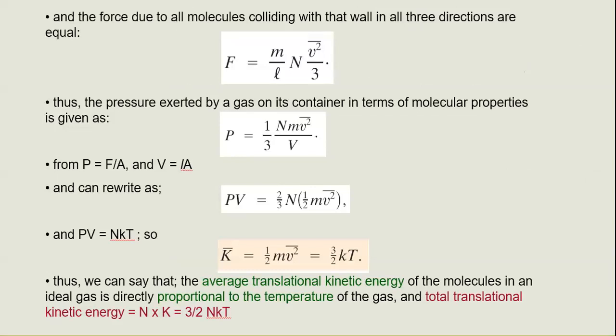Let's see pressure. Previously we were talking about force, now let's talk about pressure. Pressure is equal to one third of N multiplied by m multiplied by the average of v squared, divided by the volume.